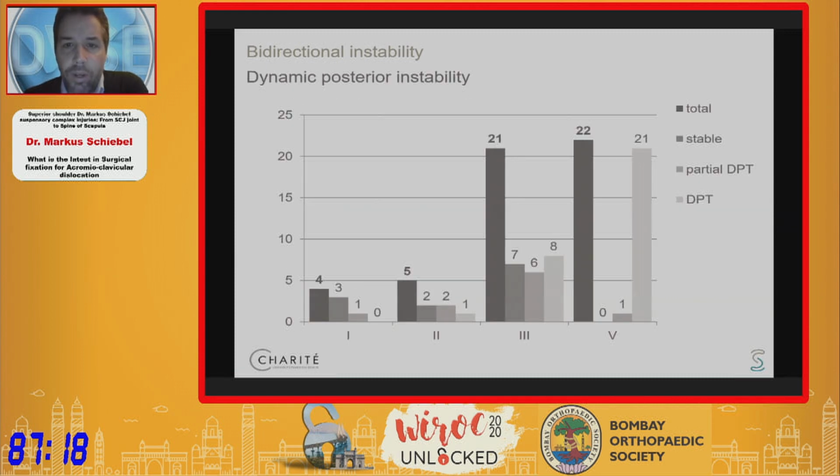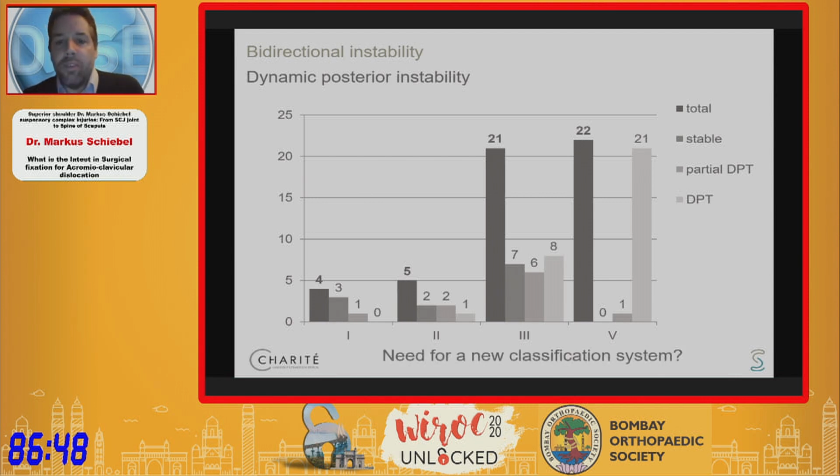And now when you look at the distribution of posterior instability, you can see that almost two-thirds of the Rockwood type 2 and almost two-thirds of the Rockwood type 3 have either partial or complete posterior translation of the clavicle. And as you can also see with the Rockwood type 5, 100% of the patients are posterior unstable.